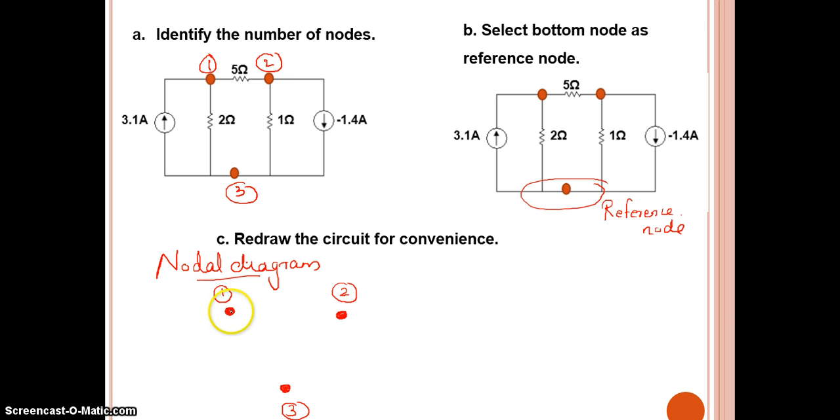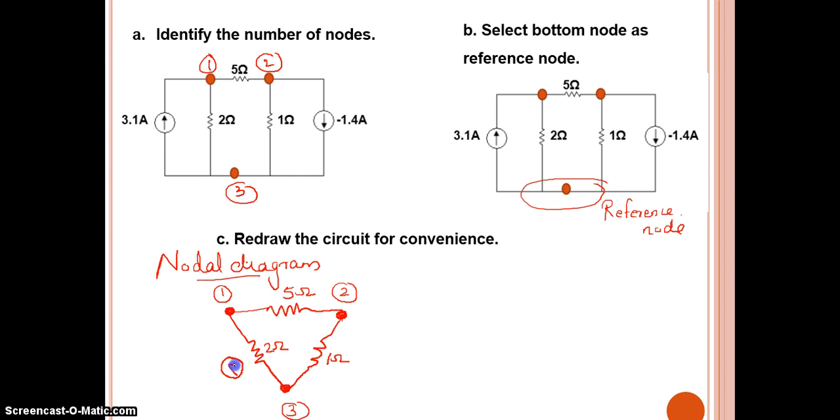Between 1 and 2 we have a 5 ohm resistor. Between 1 and 3 we have a 2 ohm resistor. Between 2 and 3 we have a 1 ohm resistor. Now between 1 and 3 we have a current source, and the current source is marked in which direction?